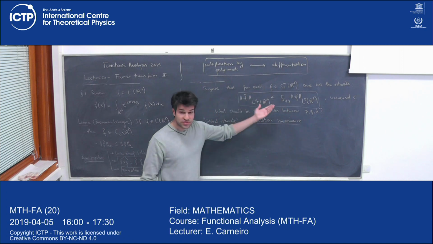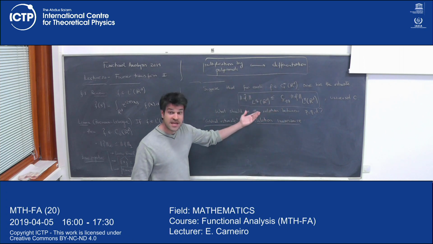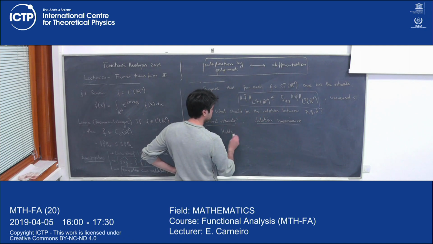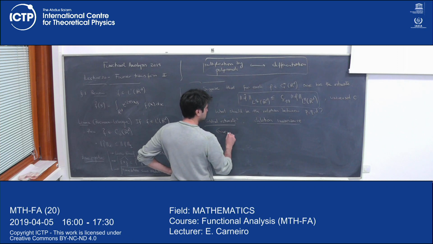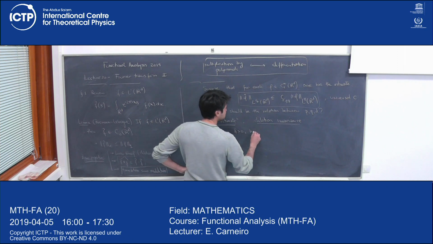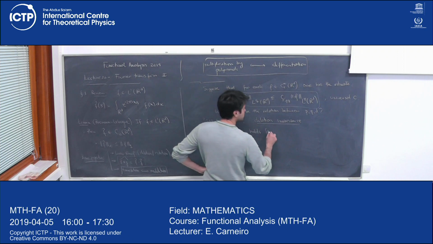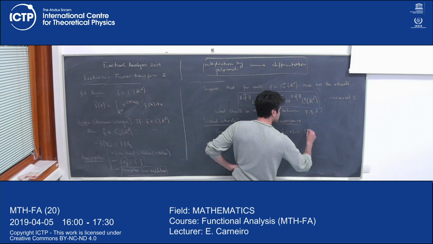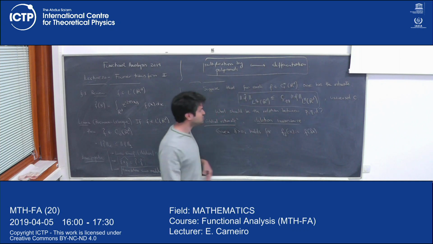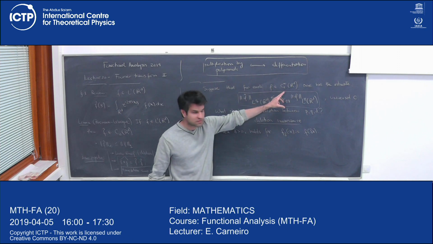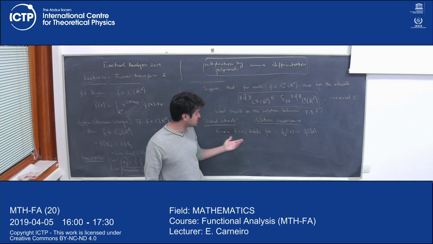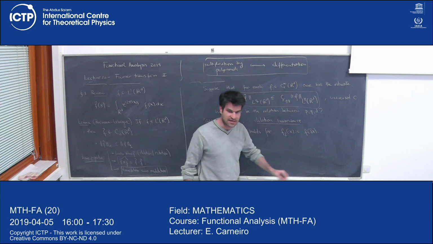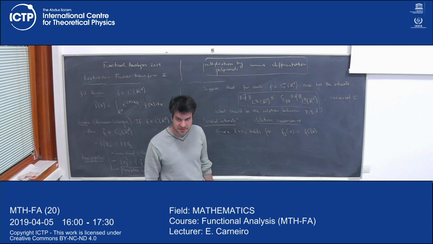If an estimate holds like this for any f, then for any delta bigger than 0, the estimate has to hold for the function f_delta of x, which I will just define as f of delta x. So if this holds for any C infinity function f of compact support, the estimate has to hold for the function f_delta, which is just f of delta x, where delta is a fixed real number bigger than 0.